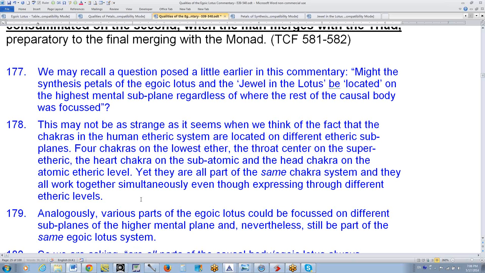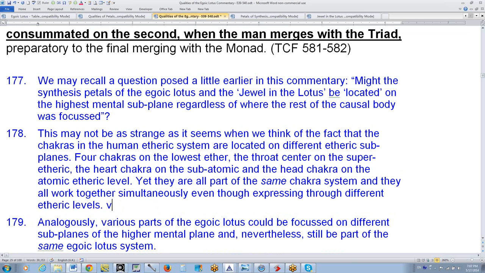I know we can't really draw that in our types of drawings, but we can imagine that that would be the case with the jewel in the lotus and the other petals located in a frequency higher, and yet the other petals still surrounding them in a frequency lower. It makes sense.